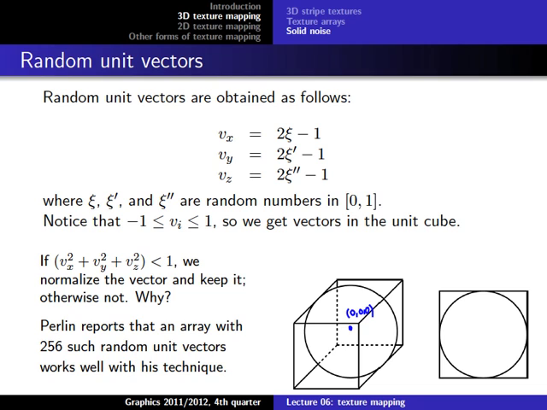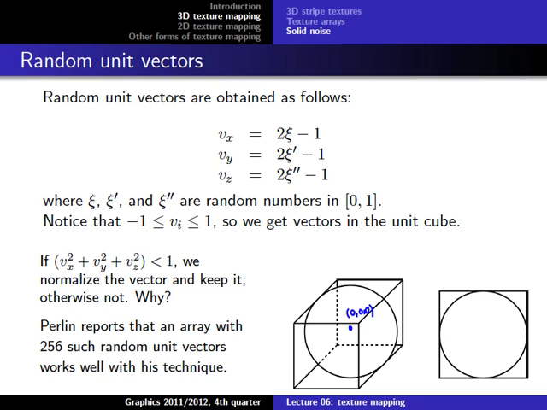We want each direction to have the same likelihood, because otherwise, if one direction is more likely, we wouldn't have random numbers.